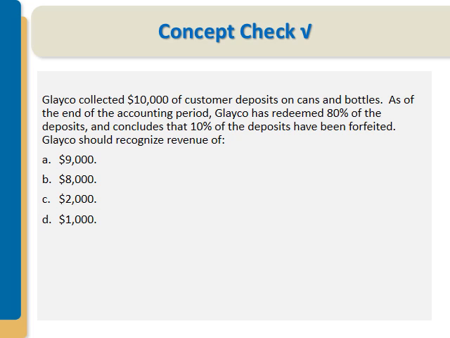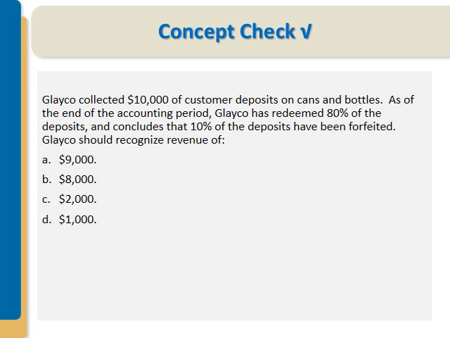Concept check. Glaco collected $10,000 of customer deposits for cans and bottles. As of the end of the accounting period, Glaco has redeemed 80% of the deposits and concludes that 10% of the deposits have been forfeited.